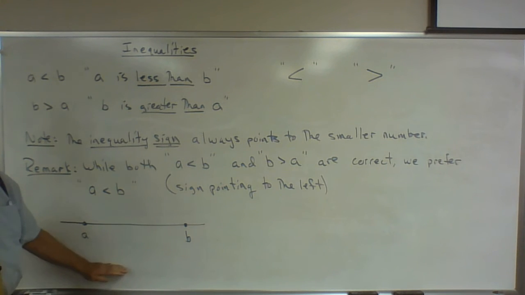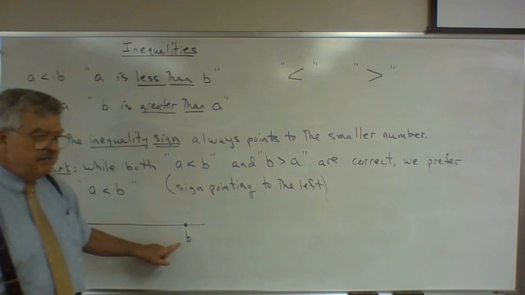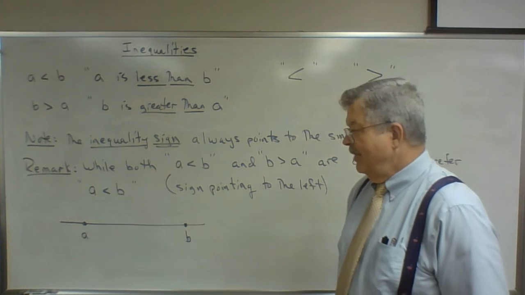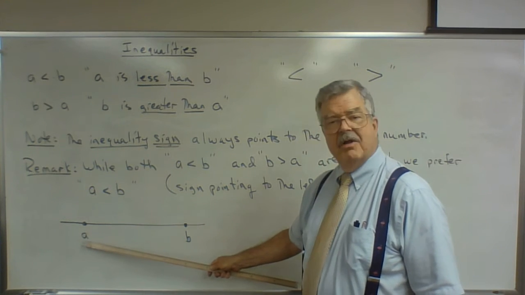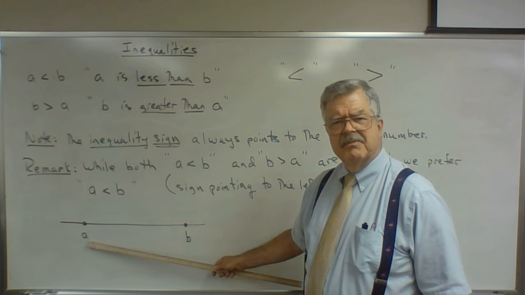And if we have two numbers on the number line, like A and B, which of these 2 points, A or B, is the smaller number? Well, we know that A is the smaller number, and why did we come to that conclusion?